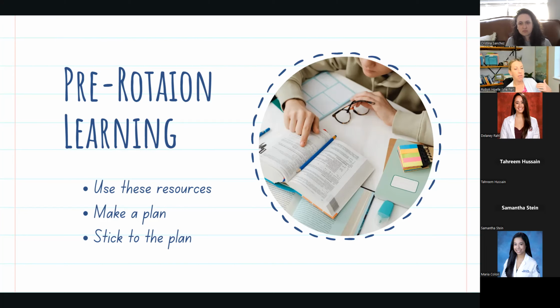If you feel like you've gotten feedback over your third year that your differential diagnoses aren't broad enough, then you really concentrate on that part of your preparation for your ED rotation. So I want you to make a plan and stick to the plan and preparation.